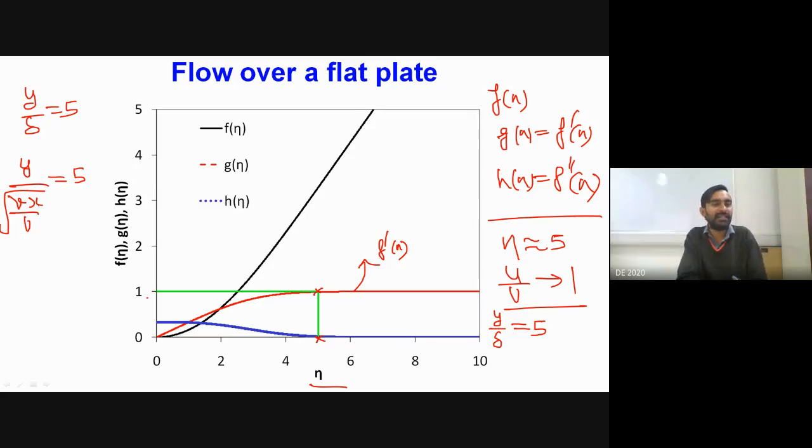So you can clearly see that from here we will be able to find the thickness of the boundary layer as a function of x. So this is the solution we are mathematically obtaining for the flow over a flat plate.